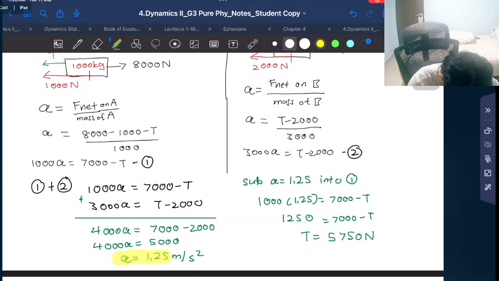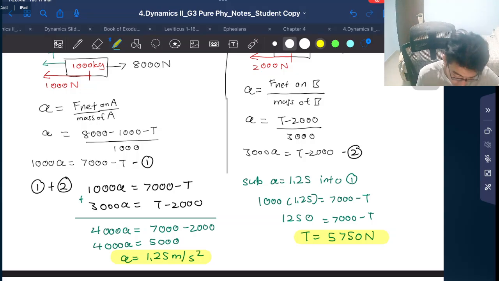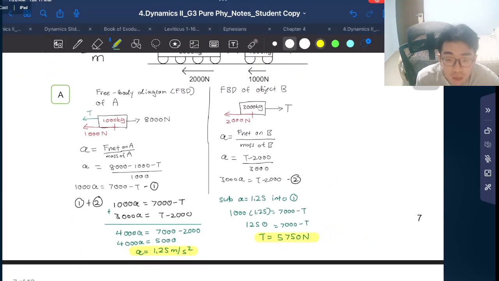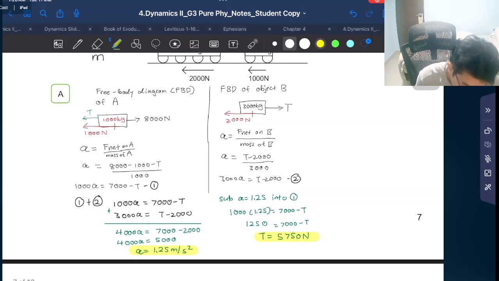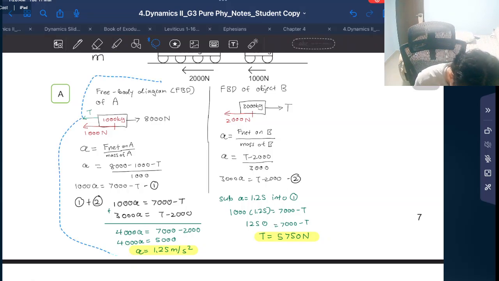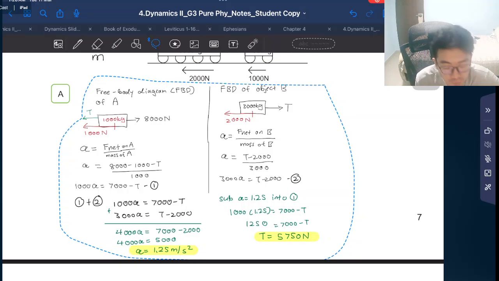So I get A and I get T, the acceleration and the tension. This is what happens when we use the free body diagram of the individual object.